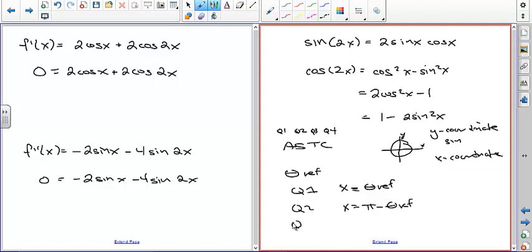And in the third quadrant, x is equal to pi plus the reference angle. And in the fourth quadrant, x is equal to 2 pi minus the reference angle. So once you've gotten the reference angle and you know which quadrant your solution has to be in based upon the sign of the cosine or sine, then you can use these to get the final solutions.